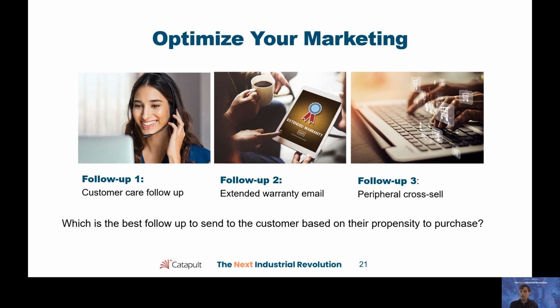Or maybe a peripheral cross-sell. But numbers 2 and 3 are a bit pushy, right? So maybe some customers are better off not getting that, and their loyalty will be secured just with a good, solid customer care follow-up. So based on their propensity to purchase something, what might be the best email to send them? AI can really help to unpick that problem and that challenge, both increasing your immediate sales and your loyalty to your brands.